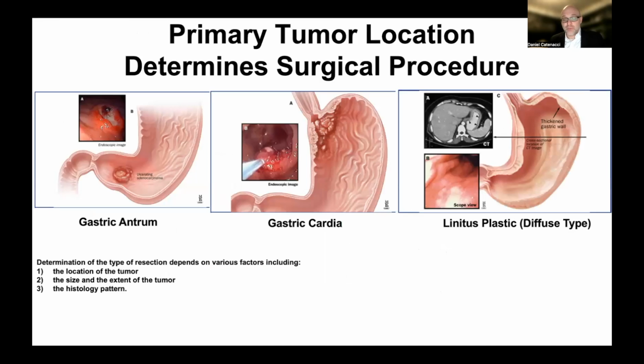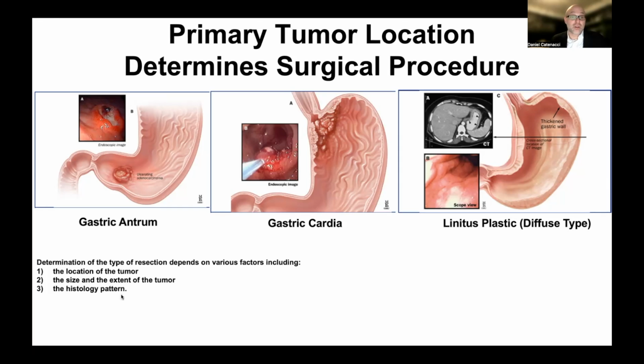So assuming that there is no definitive evidence of metastatic disease on all of our staging imaging and laparoscopy, then the next thing to understand is that the primary tumor location where the cancer started really helps to determine what type of surgery the surgeon is going to perform.